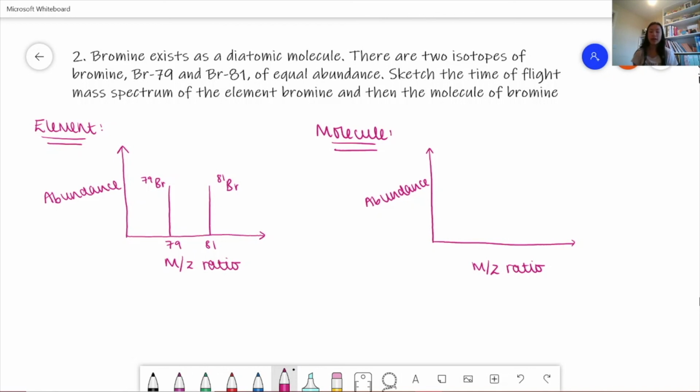There are three ways of forming a bromine molecule from two bromine atoms. So we can have two 79s. Actually, these will be ions, sorry, because they'll have gone through the time of flight, so they've both lost an electron each. And so this would be our first ion.